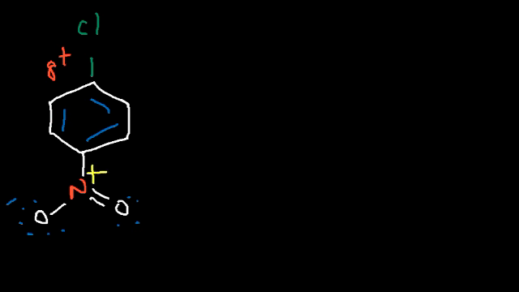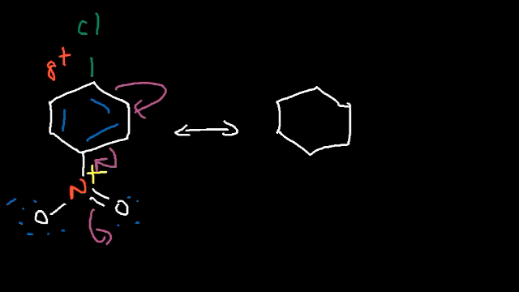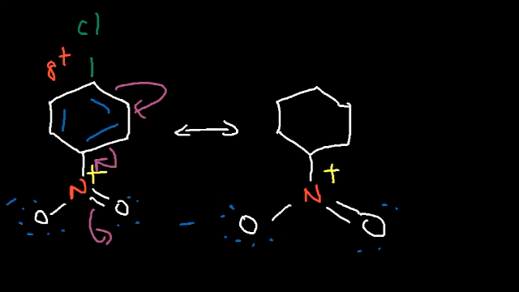Notice that the nitro group can pull the electrons toward itself. And so if we draw the resonance form, notice what we have. Okay, this should be like a single bond.